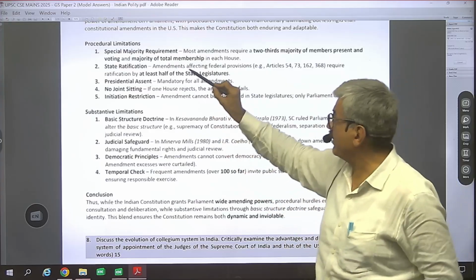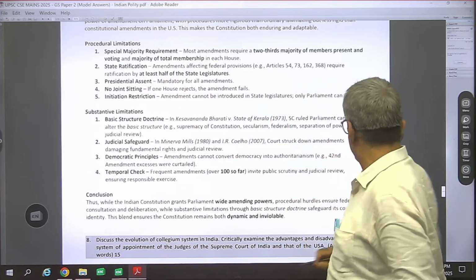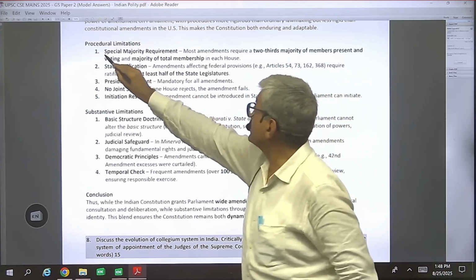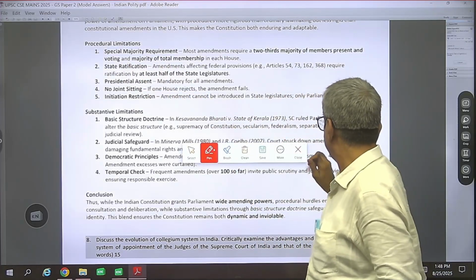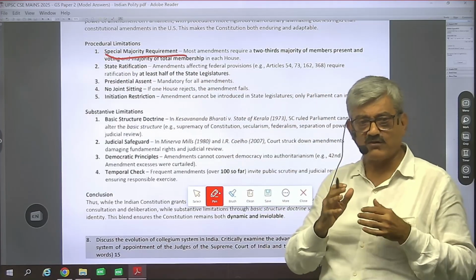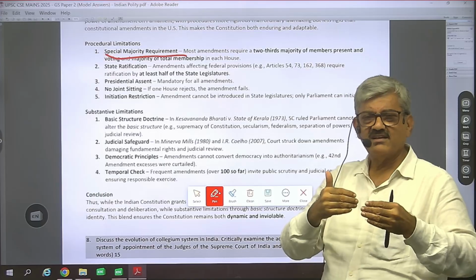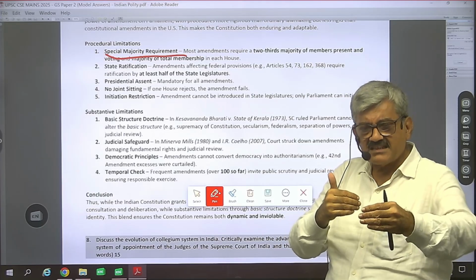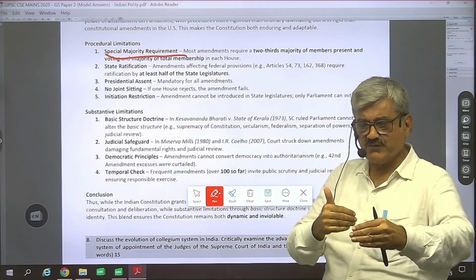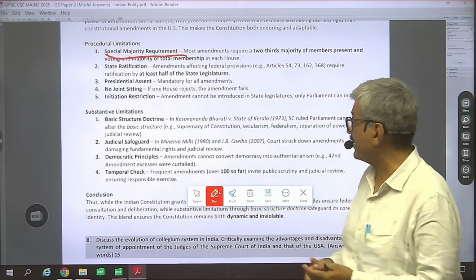As far as amendment is concerned, we are supposed to look at this special majority requirement, and this definitely acts as a sort of obstacle or deterrent, or a certain space for more discussion, for larger public opinion mobilization, and so on.